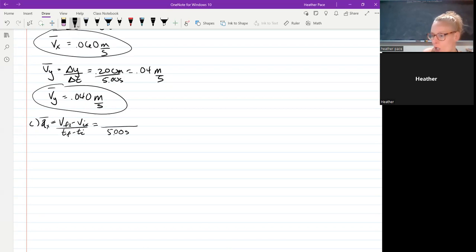And our initial v is, what is that, 0.100 meters per second. And we get 0.020 meters per second squared.